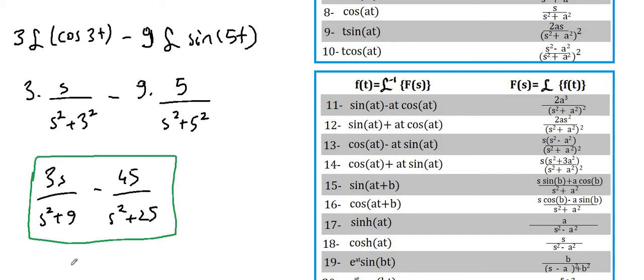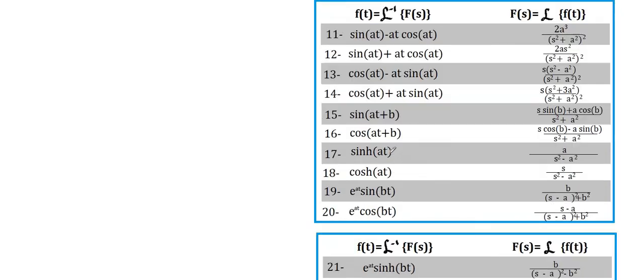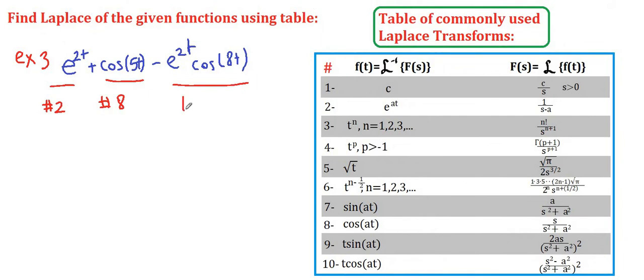Let's do another example. In this example, we have an e to the at kind of function, as in number 2. We have a cosine function, as in number 8. And we have e to the at times cosine of bt, as in number 20, which is going to be s minus a over the quantity s minus a squared plus b squared.